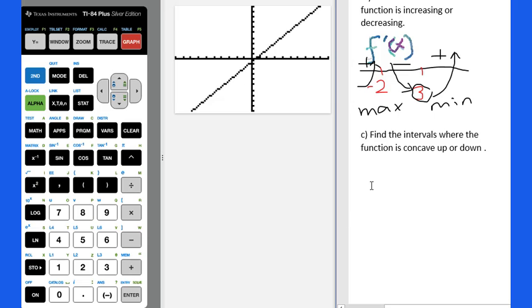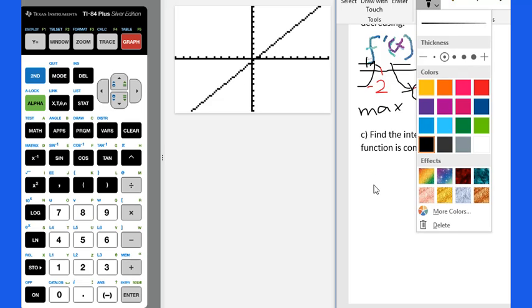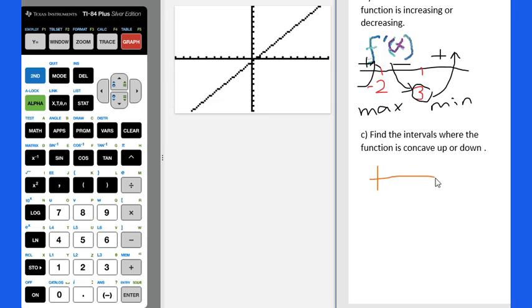So let's draw the sign diagram now for the second derivative. This is 1/2. When x is greater than 1/2, the graph is above the x-axis, so this is positive.